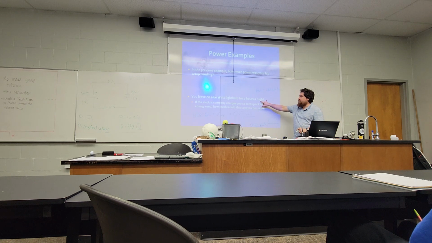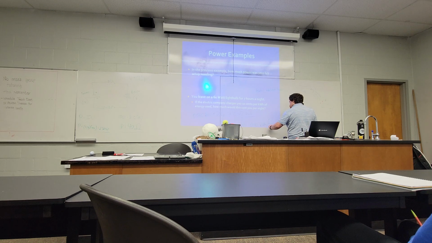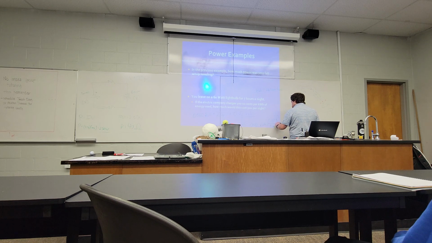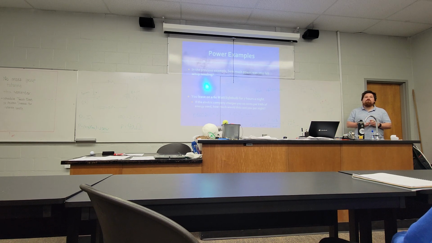I'm going to use this like a conversion to convert kilowatt hours into cents. 1 kilowatt hour costs 10 cents. And therefore, leaving on this light bulb for 7 hours a night costs 4.2 cents per night. So that's how much one light bulb would cost you in that scenario.